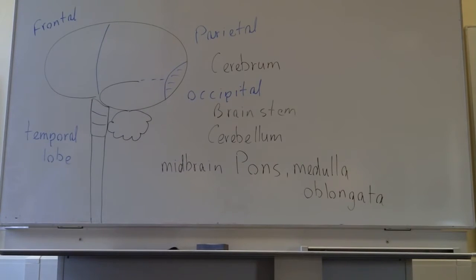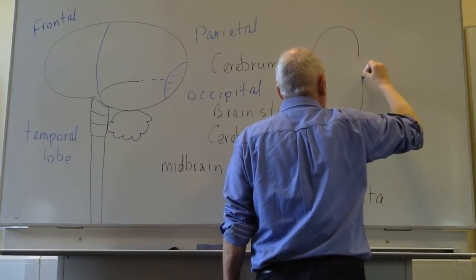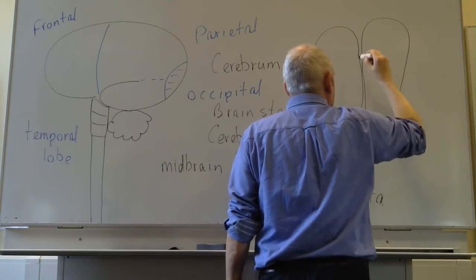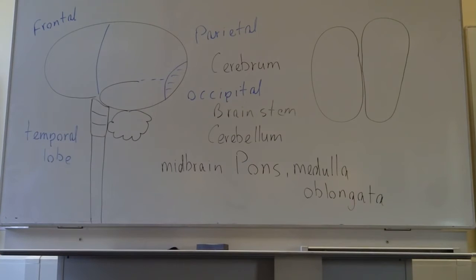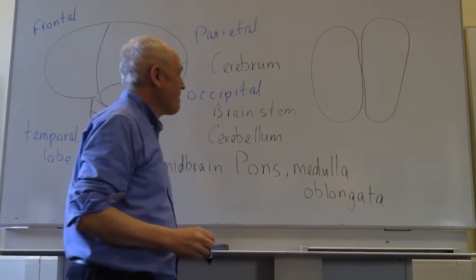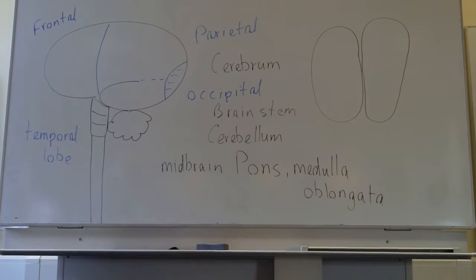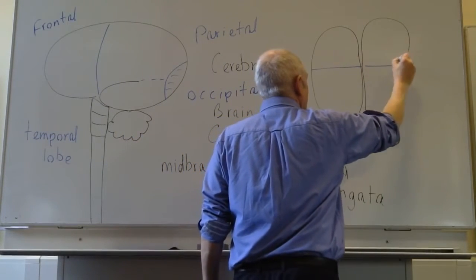Now, this is looking at it from one side, of course. So if you look at the brain from on top, you would see that the brain's in 2 cerebral hemispheres. Cerebral means to do with the cerebrum. So if we looked at this from on top, this would be the frontal lobe up here.